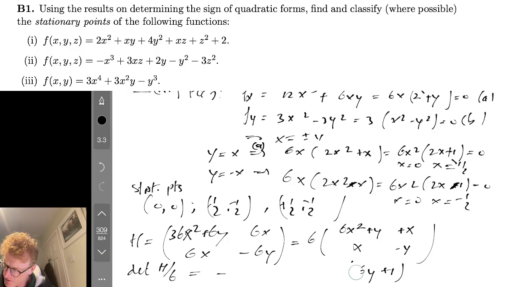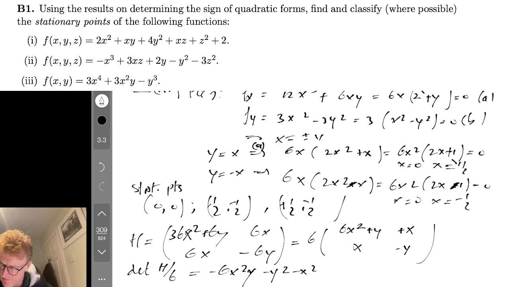Then this changes to 6 minus 6x squared y minus y squared minus x squared. And LPM 1 divided by 6 is 6x squared plus y.